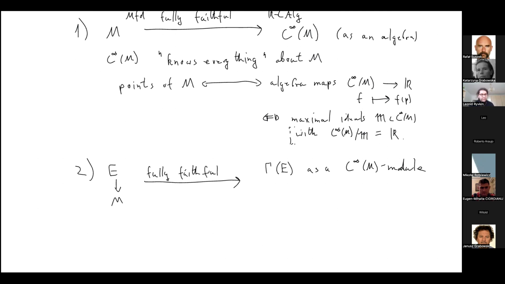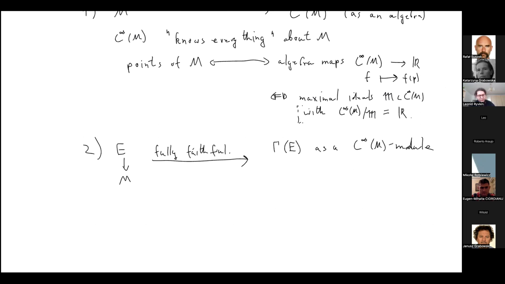And if we want, for example, to get the fiber of the vector bundle back from gamma E, we can reconstruct E_P by taking gamma E and dividing it by the maximal ideal of the point P times gamma E. That gives us back the fiber.